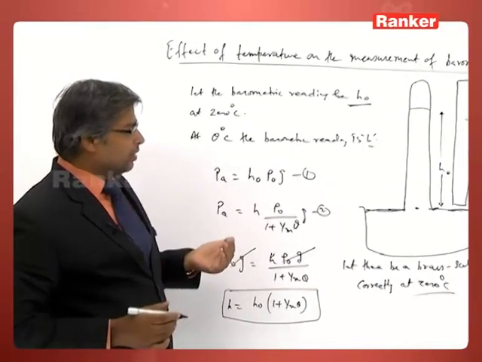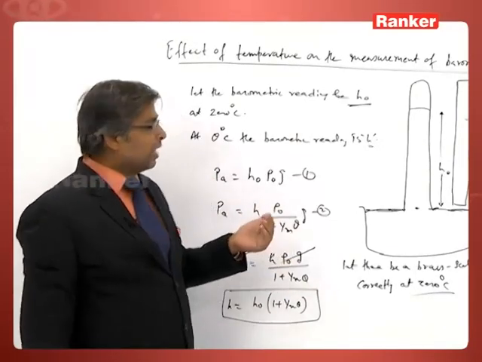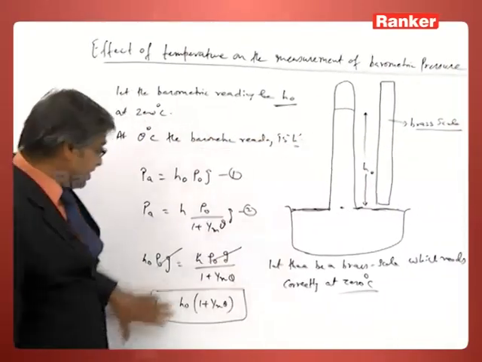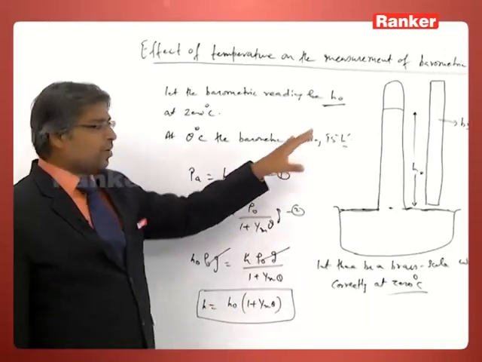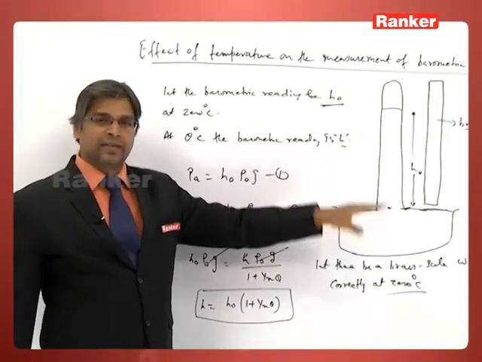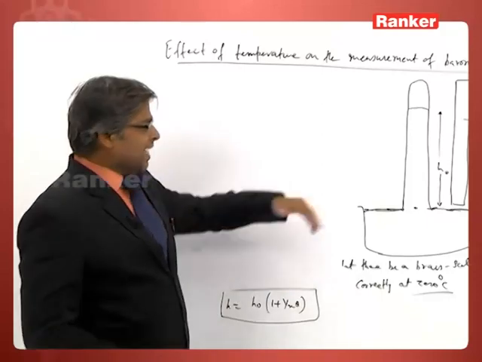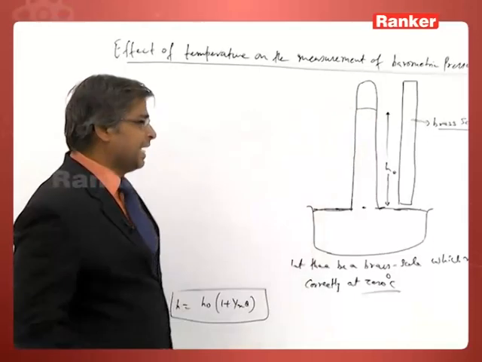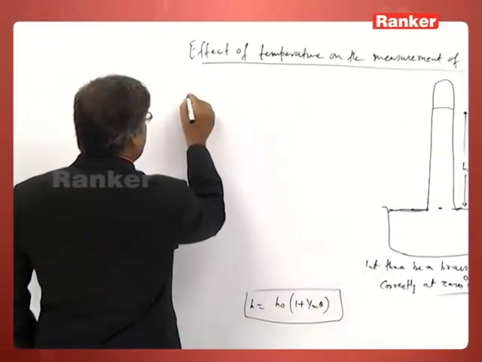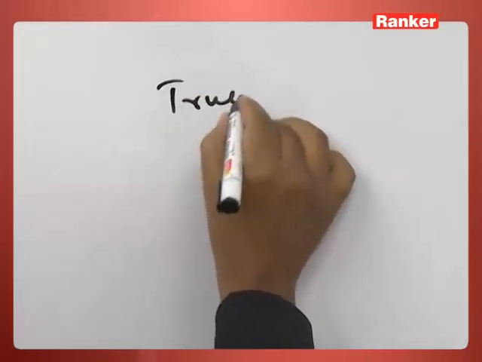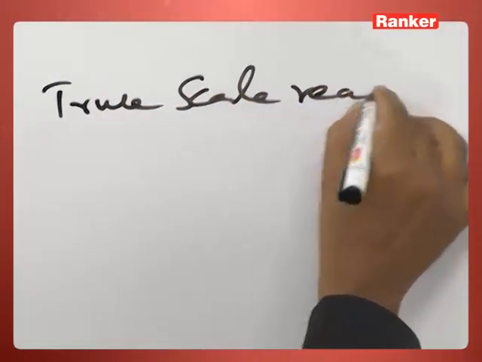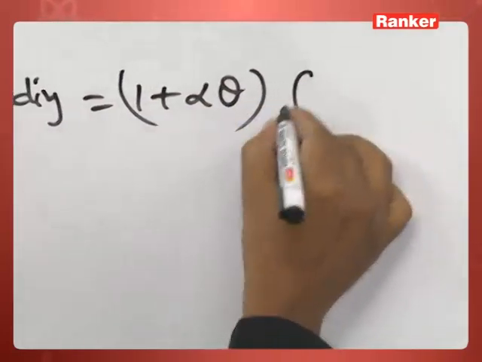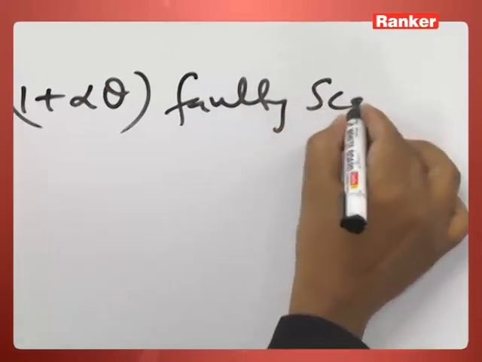Now I want to know what the barometric reading will be at theta degree centigrade if I see the reading on the brass scale. Here, this is the actual reading. So let us see what it will be on a brass scale. With rise in temperature, the brass scale will also expand, and then it will become a faulty scale. We will use the expression: true scale reading is equal to 1 plus alpha theta times faulty scale reading.